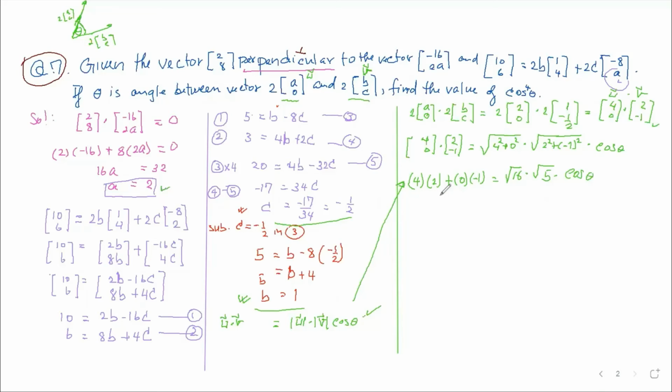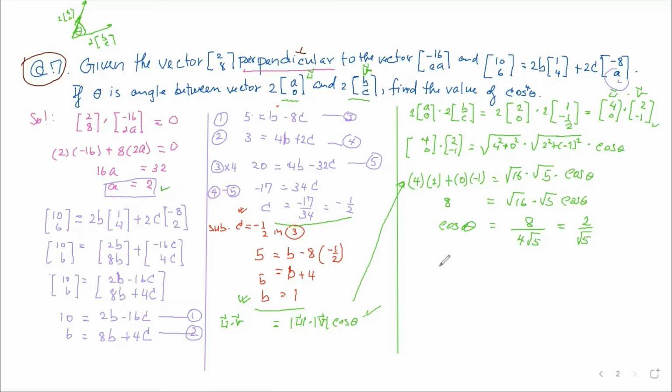After that, you simplify. This one becomes 0, so this is 8. So I have 8 equal to 16 times 5 cosine theta. 16 means 4, so you divide. So cosine theta equals 8 divided by 16. Take the square root out, it becomes 4 times root 5. So now we have this become 2 over root 5.